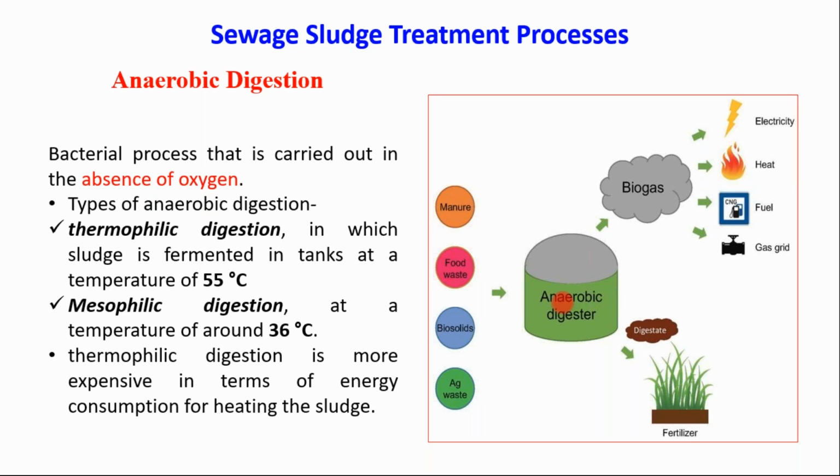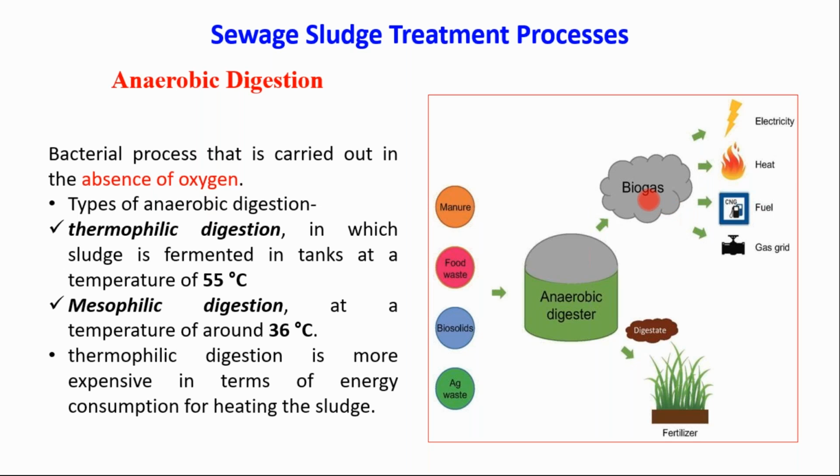After some days, all this waste is converted into biogas and digestate. The digestate can be used as a fertilizer for agriculture, and the biogas can be used to generate electricity, to generate heat by combustion, or blended into CNG and used as a fuel in vehicles.